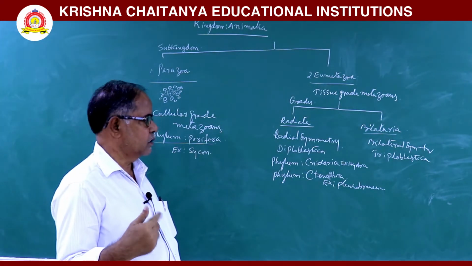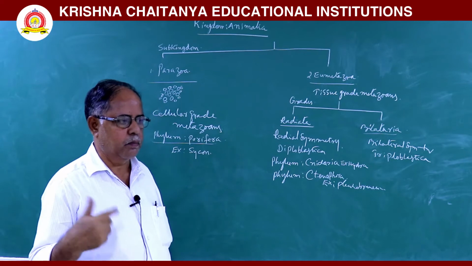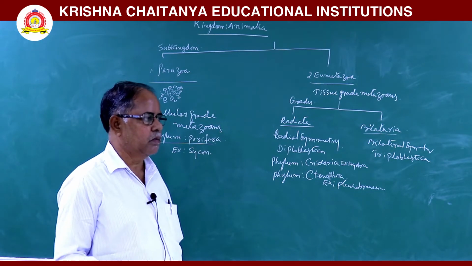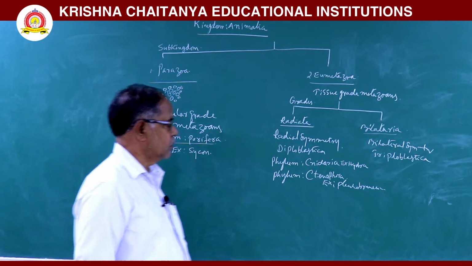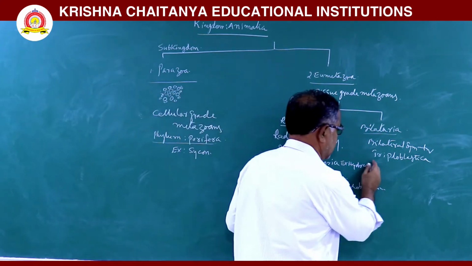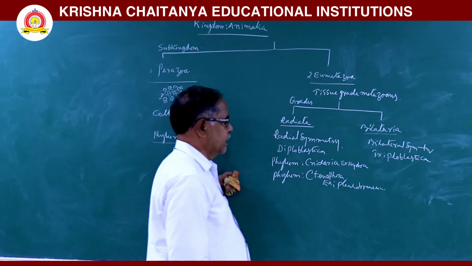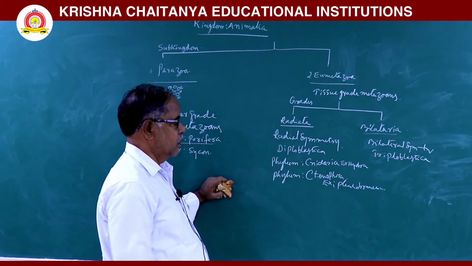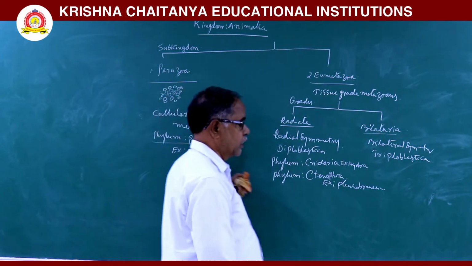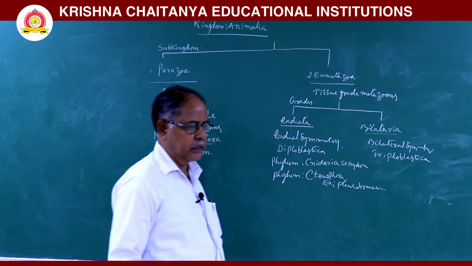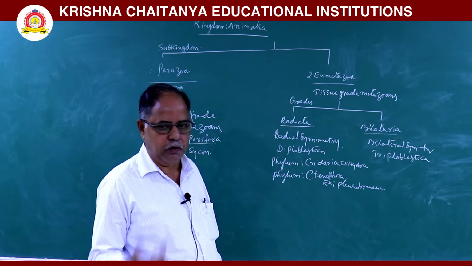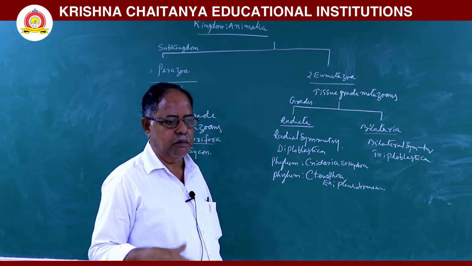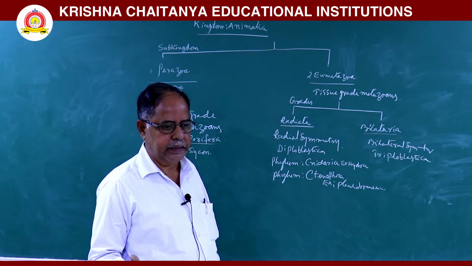That's why they have triploblastic nature. They are ectoderm, endoderm, and in between ectoderm and endoderm, mesoderm is formed. In bilaterally symmetrical animals, during developmental stages, the blastopore is modified as mouth in some. In some, the blastopore is modified as anus.